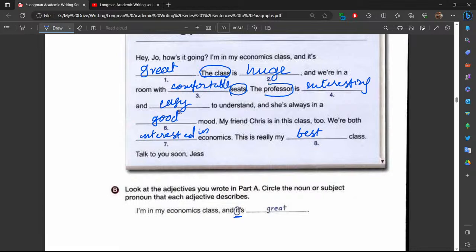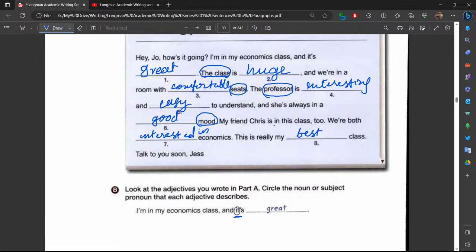The professor is interesting and easy to understand. She is always in a good mood. So here, it is the professor who is interesting. She's in a good mood. So it's the mood that has been described here. Mood is a noun here.